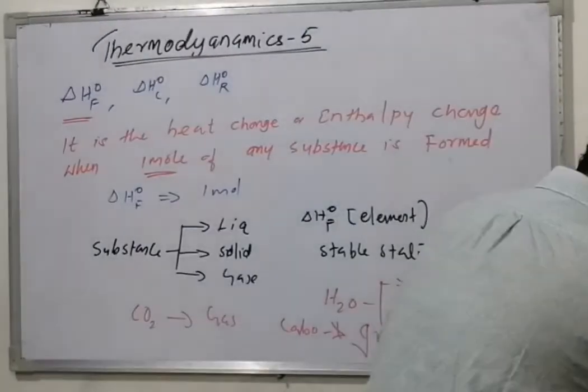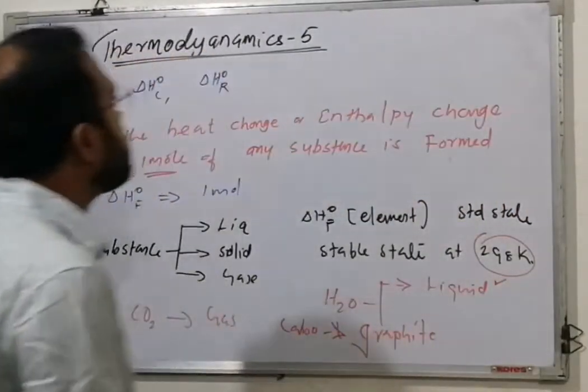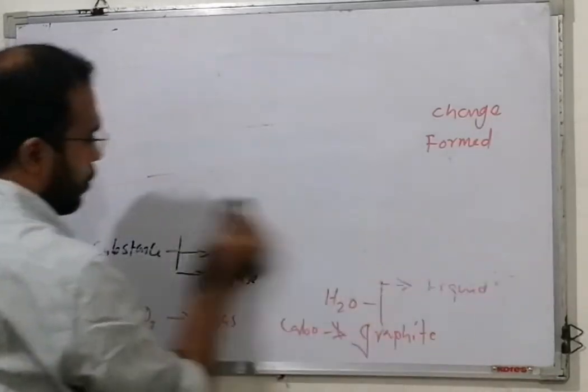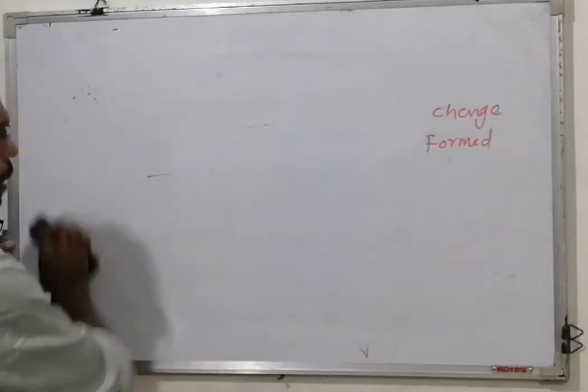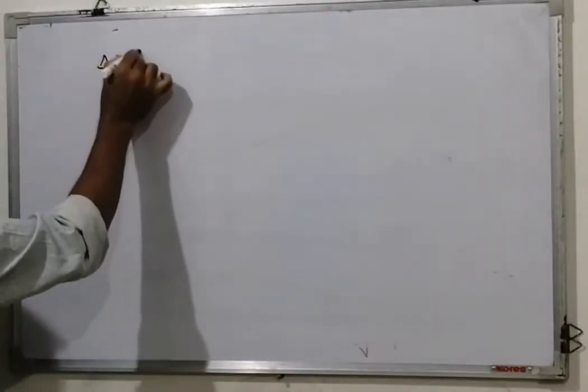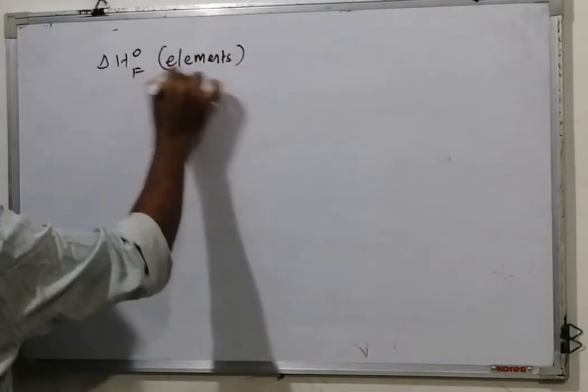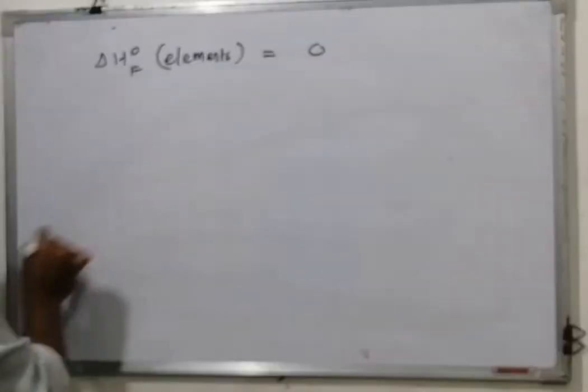And there is one more point. For an element, delta H0 formation of elements is equal to 0.